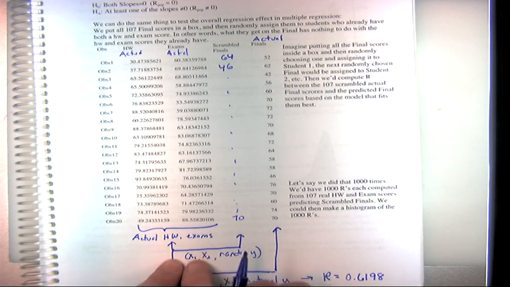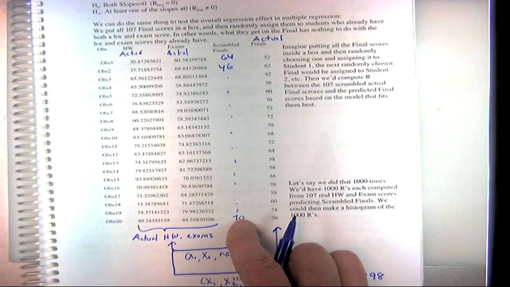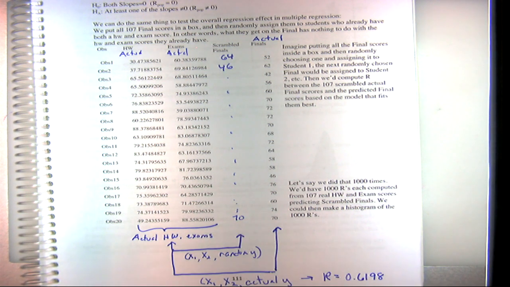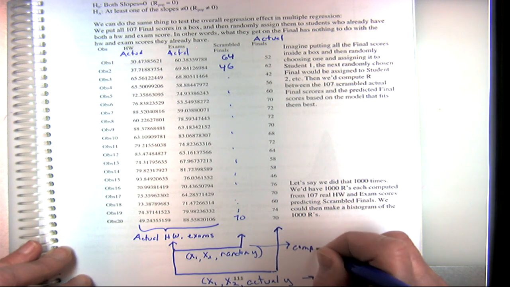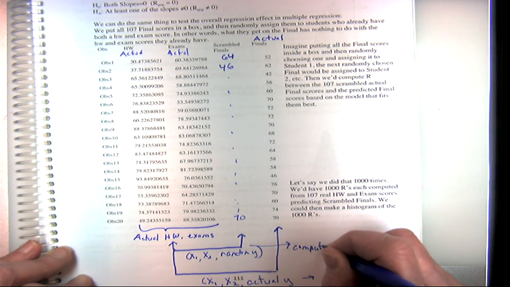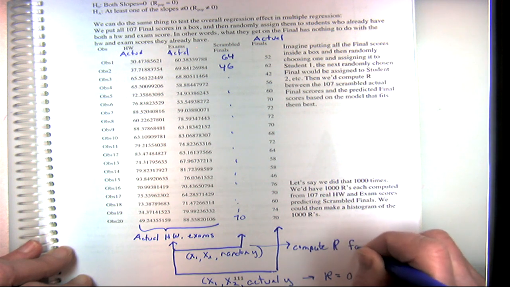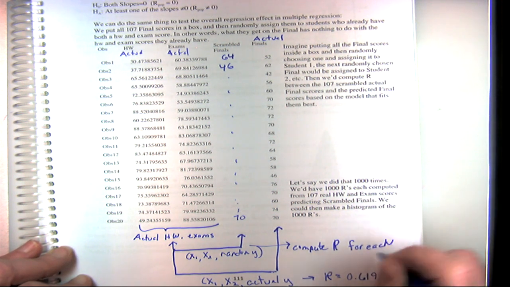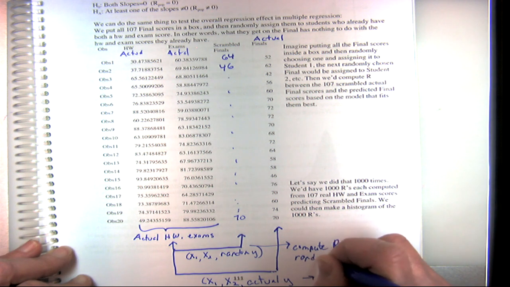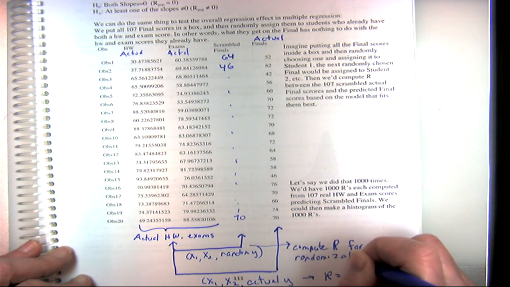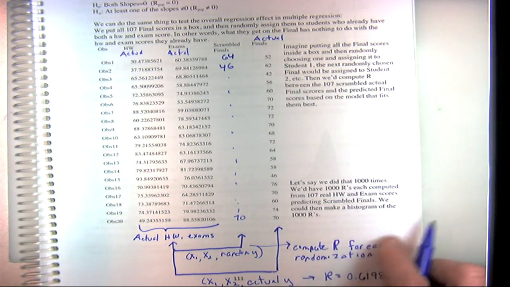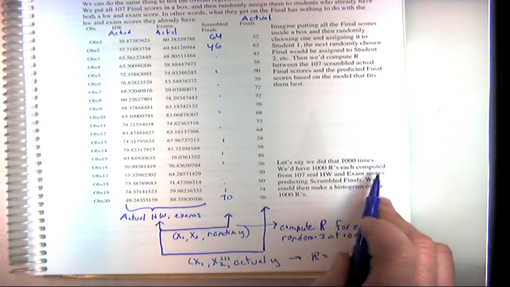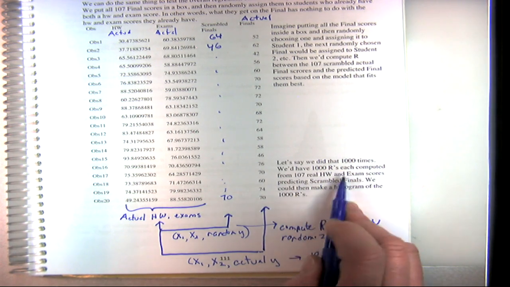For each of these random data sets, we'll compute an R for each randomization. Okay? So we'll do it 1,000 times, and each computed from the 107 real homework and exam scores.